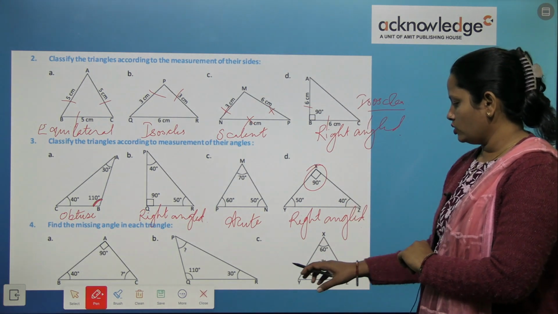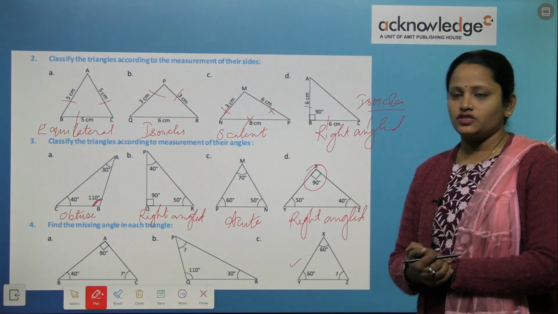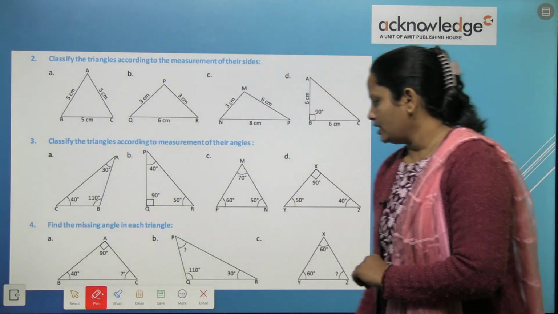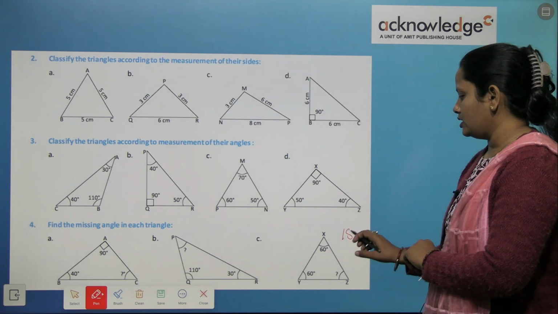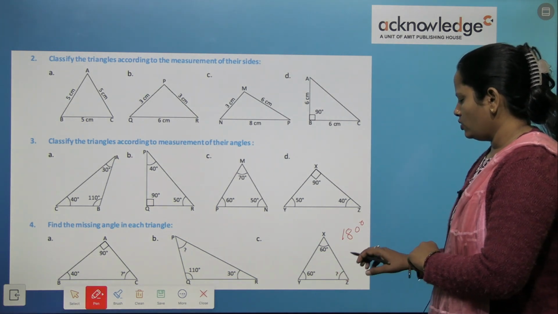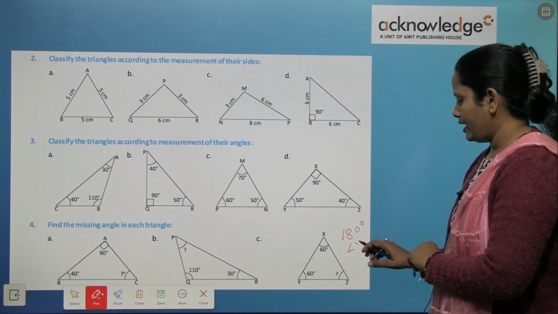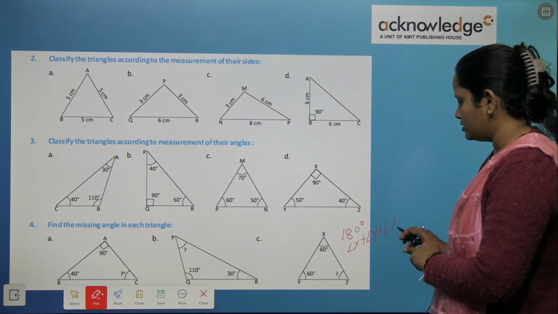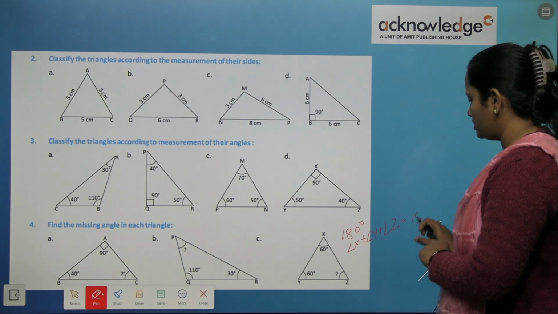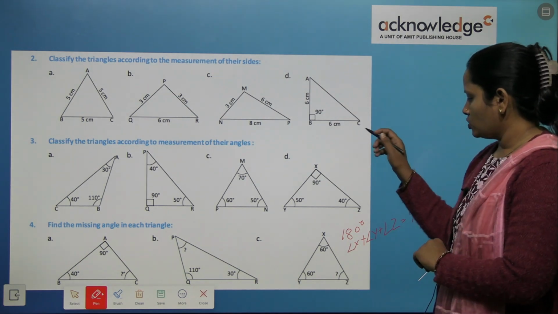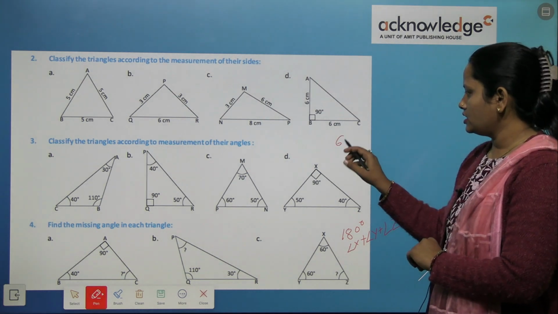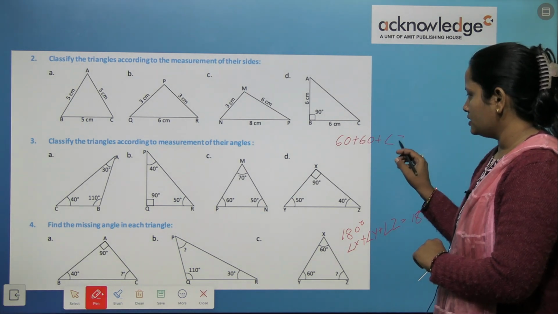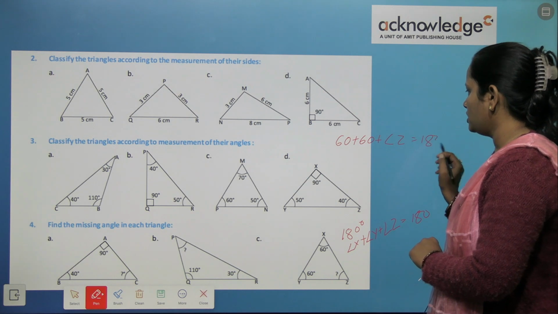Now, question number 4 is find the missing angle in each of the triangles. So, let's do this one. Here, as we know that the sum of all the angles is equal to 180 degree. So, angle X plus angle Y plus angle Z will be equal to 180 degree. So, now 60 plus 60 plus angle Z is equal to 180 degree.